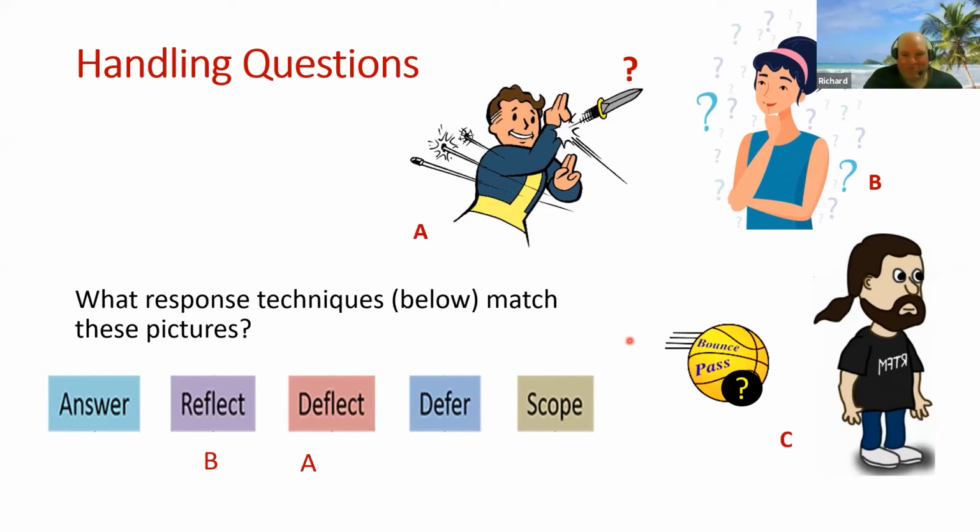An accident, yes. Accident waiting to happen. All right, I'll give you the answer. It is deflect, because the person who's received the question, the presenter, is just giving it away to someone else. A's flicking it off to someone else. And in C, obviously the presenter's just passing the ball to someone else as well. All right. Thank you, Alan. Sorry, not scope, but yes, thank you for contributing. We're going to get you to talk next.